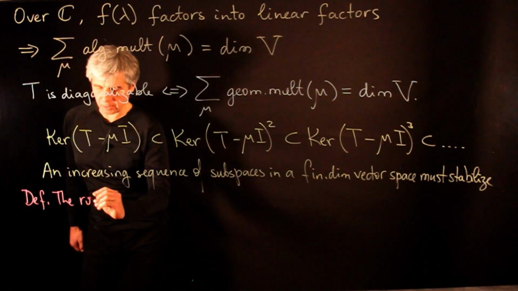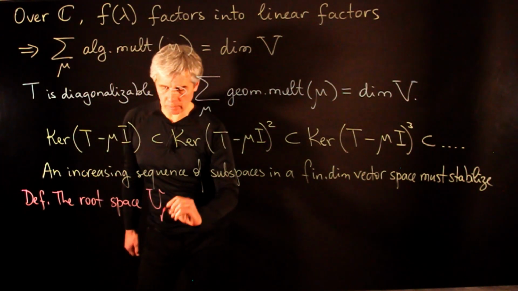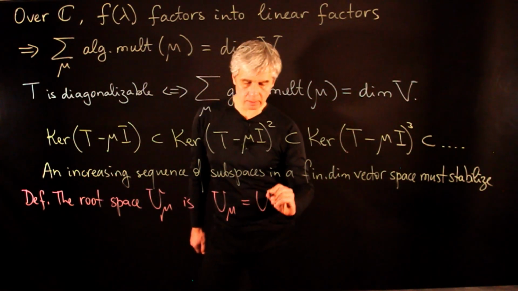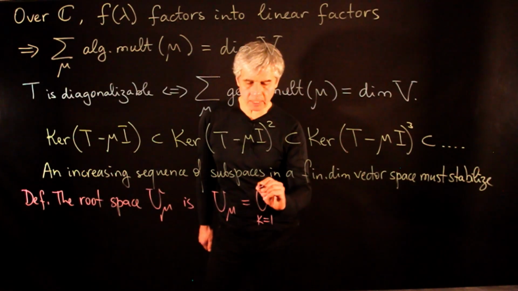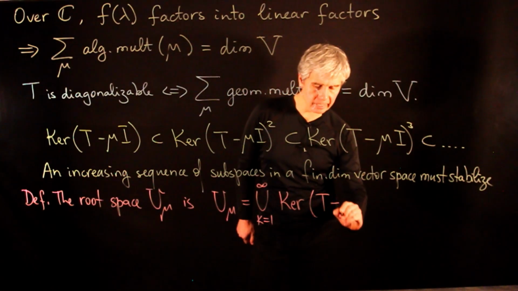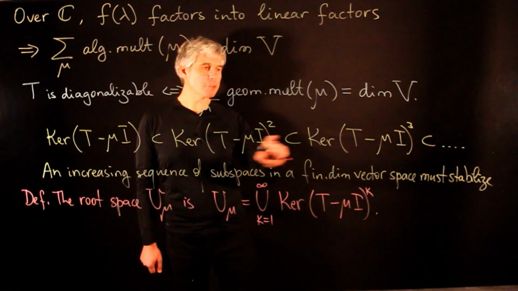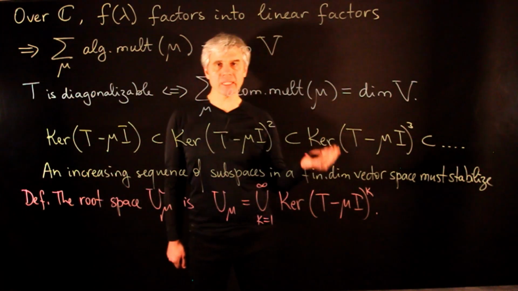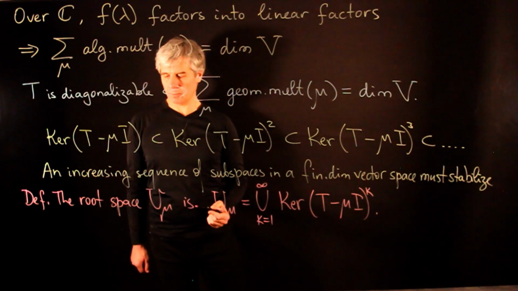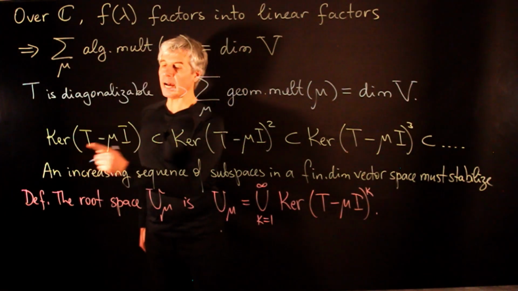The root space U mu is defined as the union, k goes from 1 to infinity, of kernels of T minus mu I to the power k. This chain of subspaces will stabilize, and the subspace at which stabilization happens is called the root space U mu. Note that the first space in this increasing chain is our eigenspace.